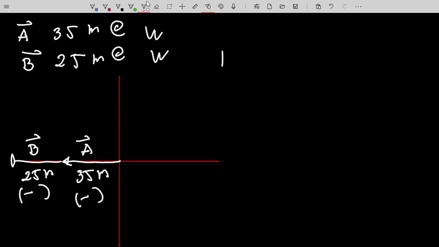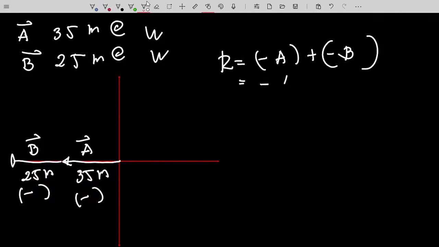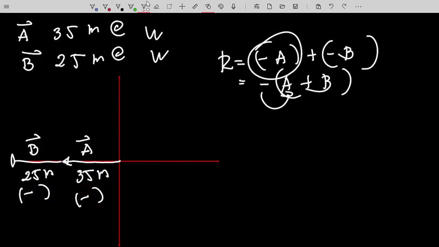So basically, your resultant vector is actually equal to negative A plus negative B, or just simply negative A plus B, because negative times A is actually your negative A, and negative times positive B is actually equal to negative B.